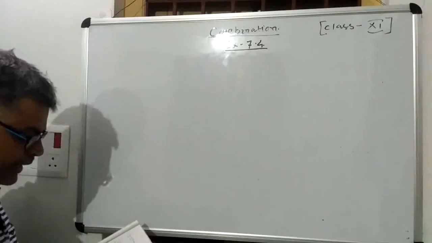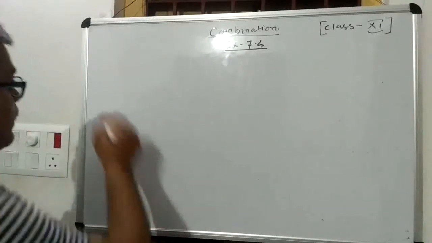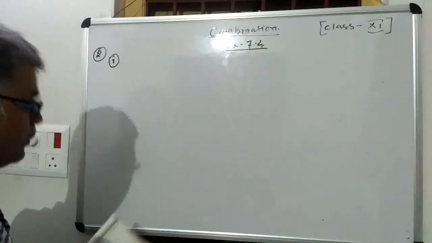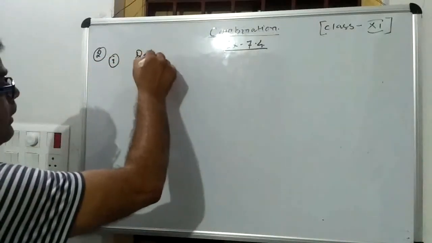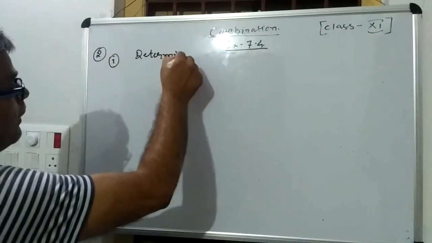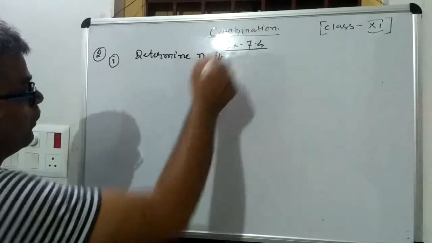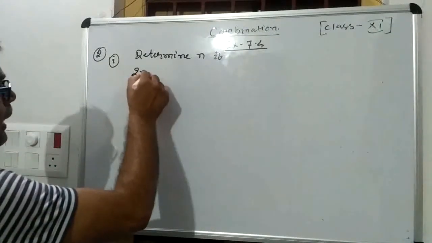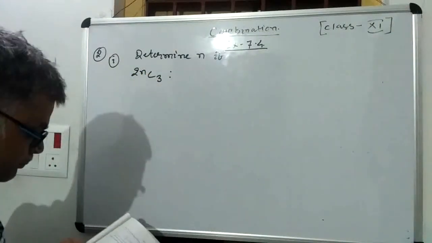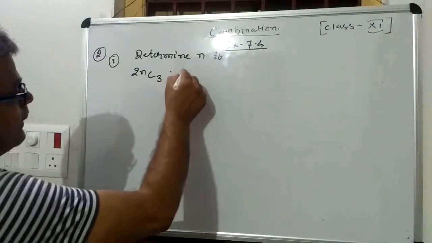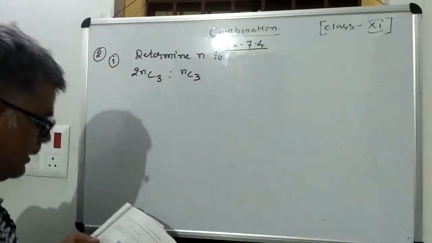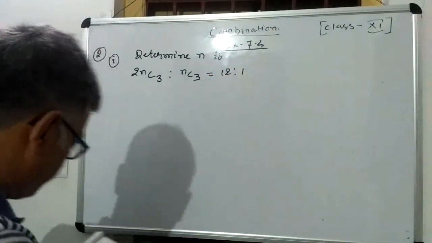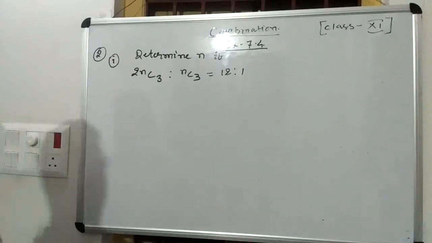Determine n if, in the first question of question number 2, what is given: 2nC3 is to nC3 equals 12 is to 1. You have to determine the value of n.